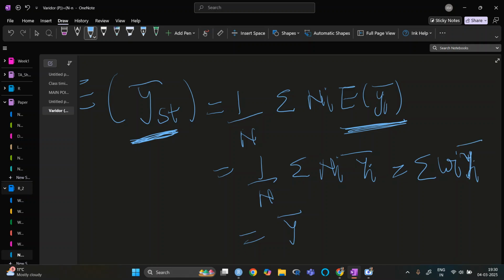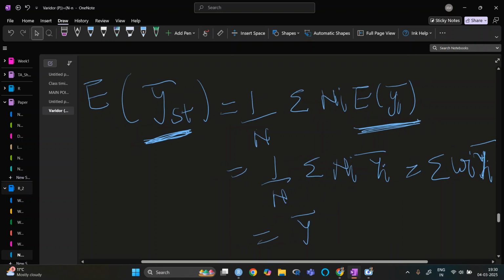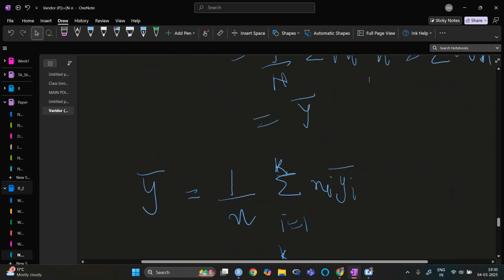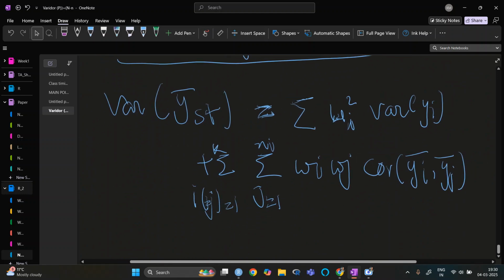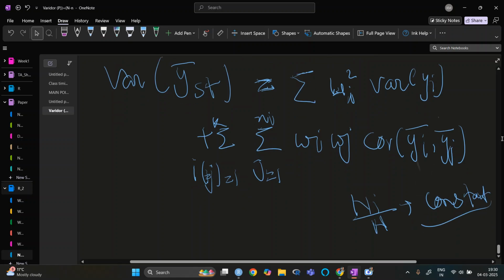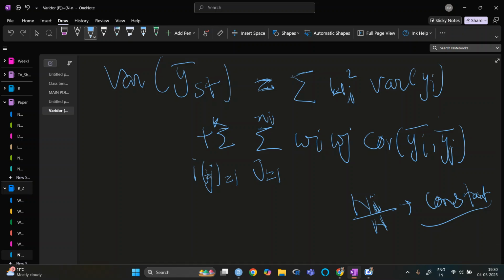So if we take the variance of this, the variance of ȳ_st will be just this w_i squared, because the weight is capital N_i divided by N. This one is constant, because we know the total population and the population for one stratum, so this is constant. So the variance will be summation w_i squared variance of ȳ_i.